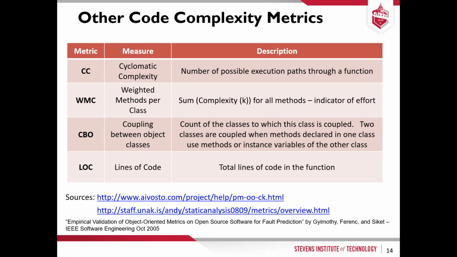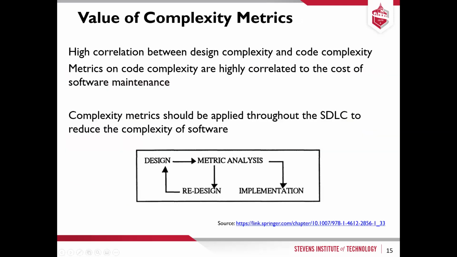Two classes are coupled when methods declared in one class are used by the other. And then we have lines of code, the total lines of code in the function. All of them can be useful in different methods when we are using them for development. We can choose which one we want to look at based on the project that we are looking at.